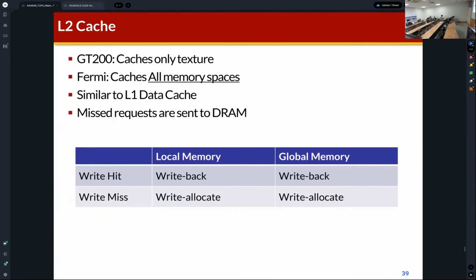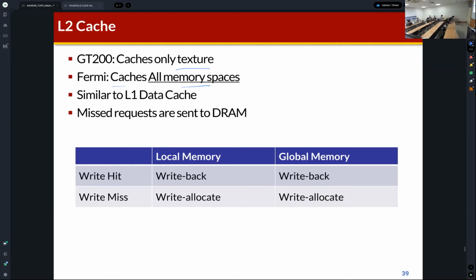NVIDIA GPUs also change their cache policy by generation. Okay, so actually the L2 cache only caches the texture data for the G200. It's a very old GPU, and for the current architecture, all memory spaces are cached in the L2 cache.